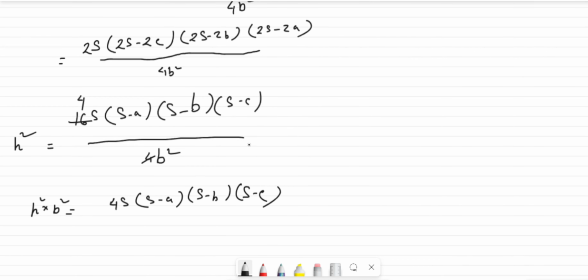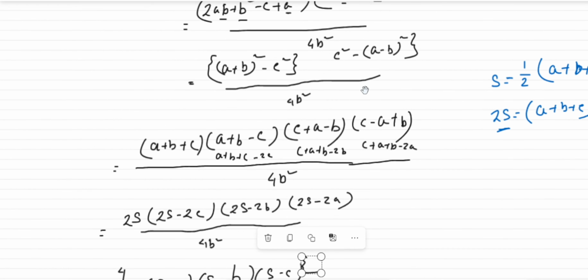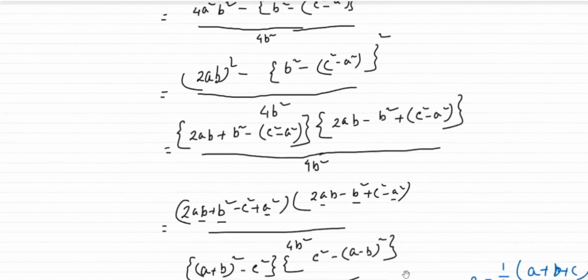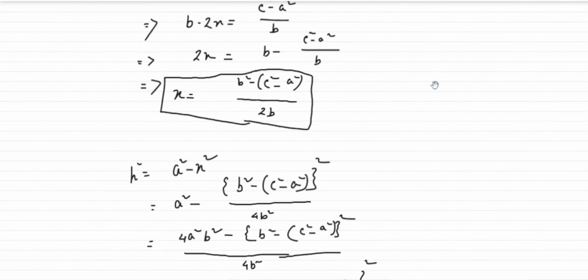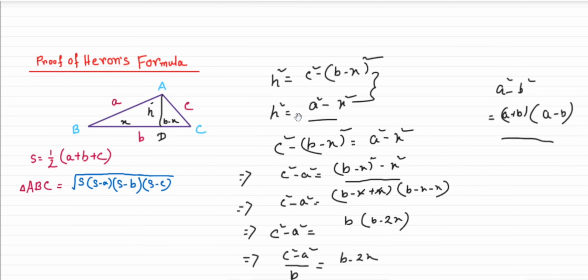See, initially what we have written, the formula for the triangle is actually half into h into b, right?